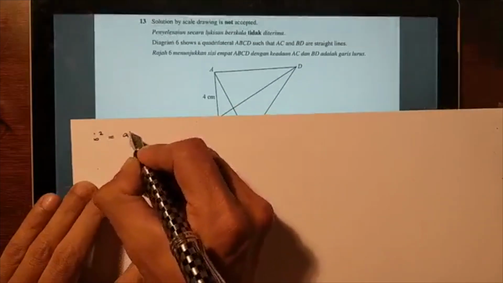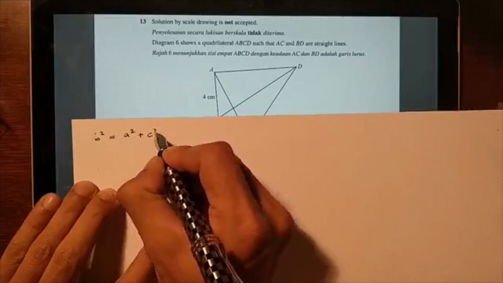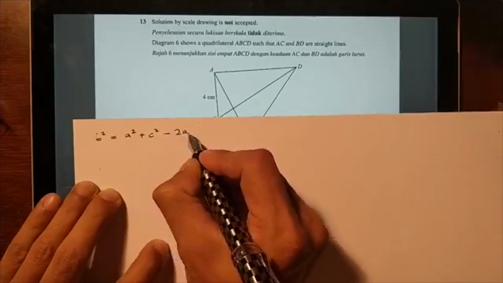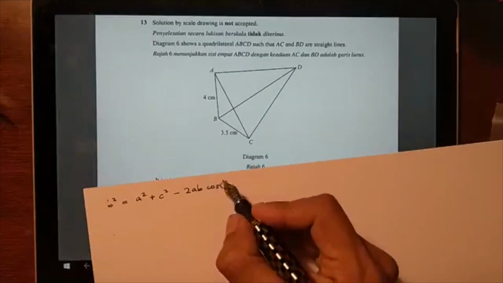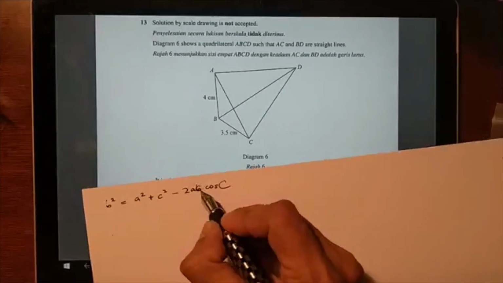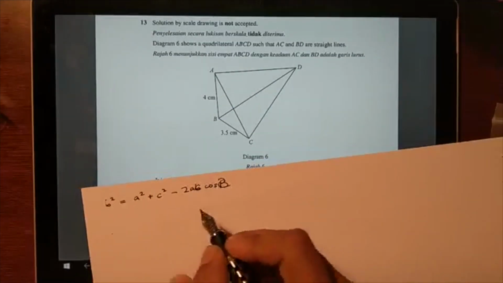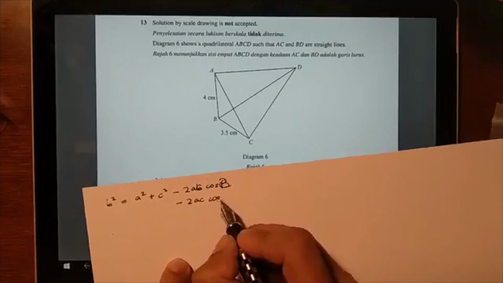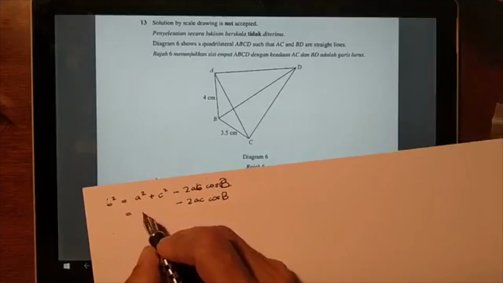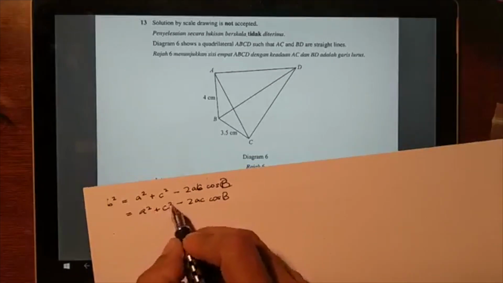squared is equal to A squared plus C squared minus 2AB cos C. Hang on, sorry, 2AC cos B. Okay, that wasn't very well done, so let's do that again. Minus 2AC cosine B. Alright? C squared. Let's just eliminate that.